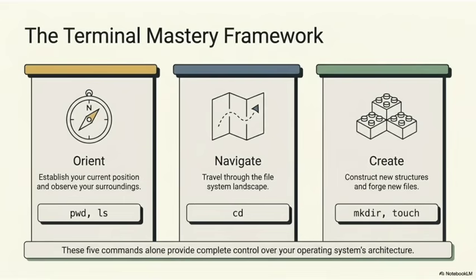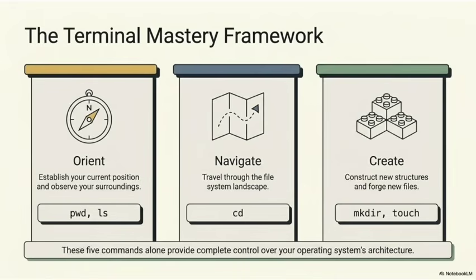Orient. pwd and ls establish your current position and reveal your surroundings. You always start here. Find out where you are and what's around you before moving. Navigate. cd is the single command for traveling through the directory tree, forward into subdirectories, backward to parent directories, or instantly home.